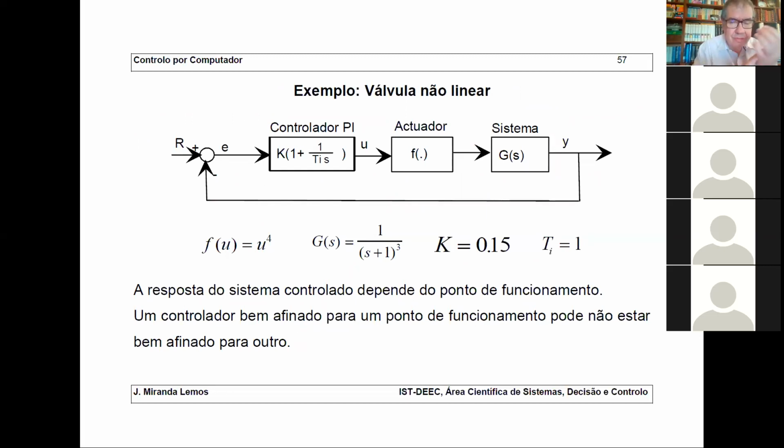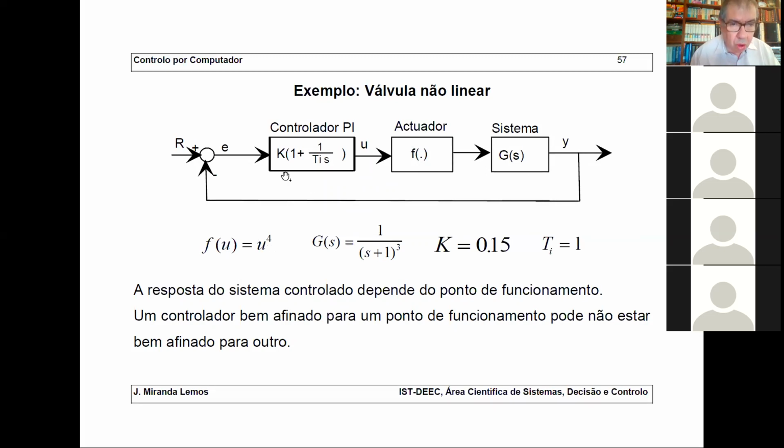Now, suppose that you have a nonlinear actuator. So you have your system. Let's suppose that your system is linear, and you have a nonlinear actuator. And the nonlinear actuator in this case does an action which is proportional to the fourth power of the command.